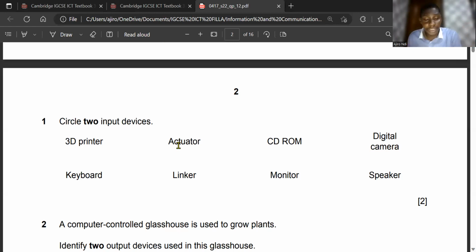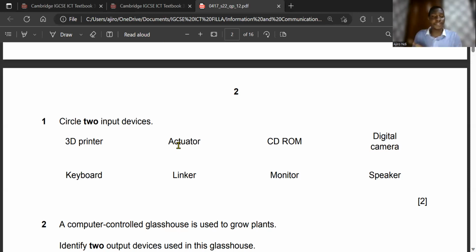Okay. CD-ROM, on the other hand, you're going to see in chapter 3. We are talking about storage devices and media. And that CD means compact disc read-only memory. Okay. Digital camera, because you are capturing. That's chapter 2. Chapter 1, you see input and output. Chapter 2, you will see input and output devices.